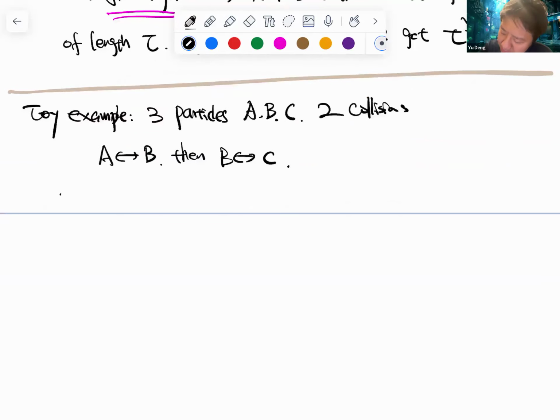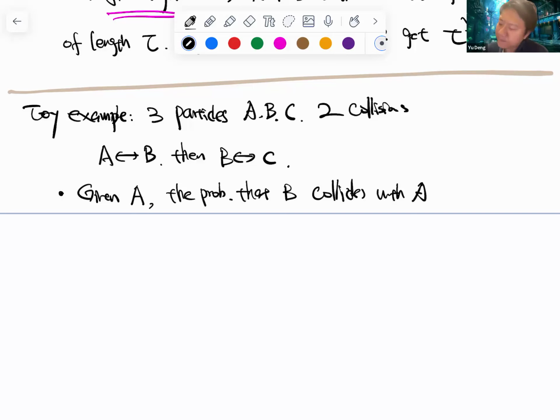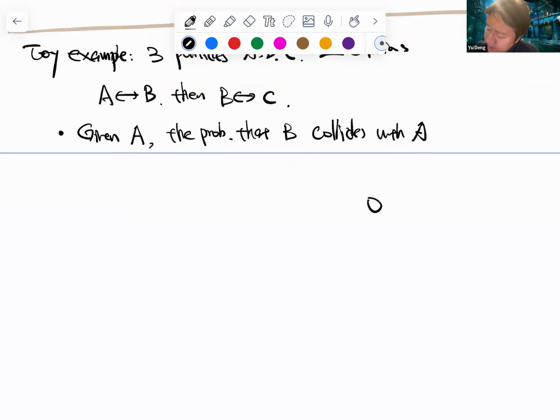Given A, let's say the initial place and velocity of A can be given arbitrarily, but then once you get B, the probability that B collides with A, well, remember A is an epsilon ball, and it travels for a time interval tau, and this is tau, and this is epsilon.